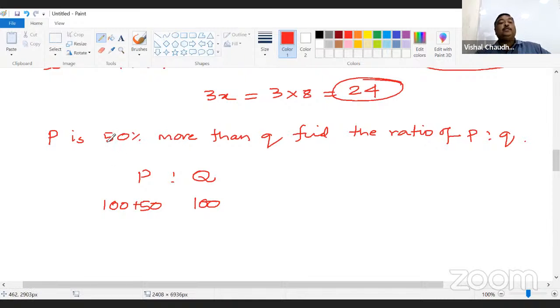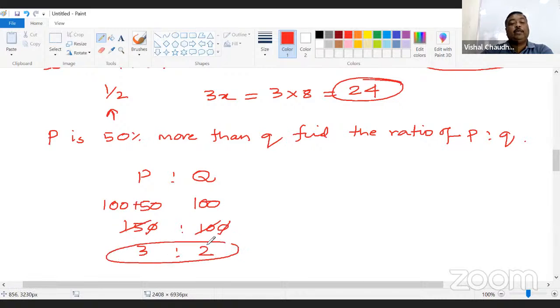Isn't it? 50% means, as I already told you, it is 1/2. So 1/2 of 100 is 50. So P is 150 and Q is 200, I mean 150 to 100. Dividing both by 50, the ratio between P and Q will be 3:2. Is it clear?